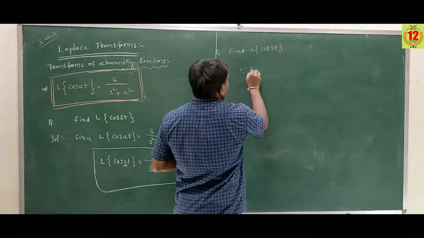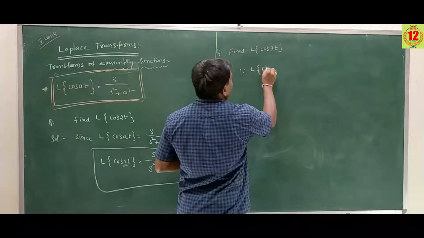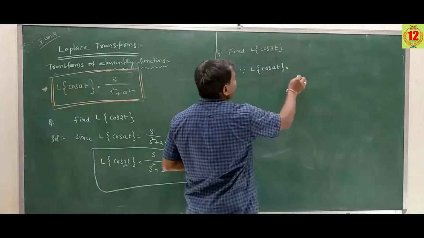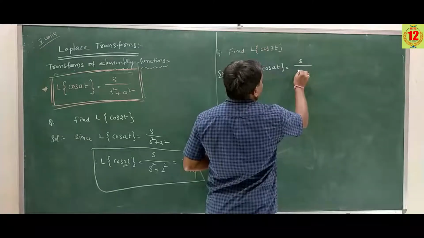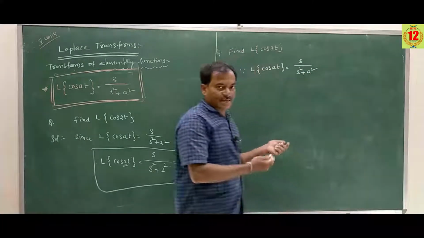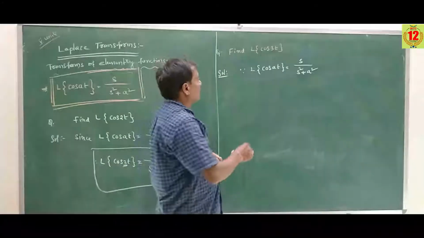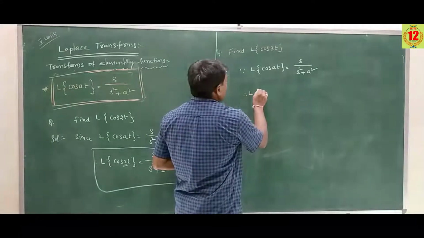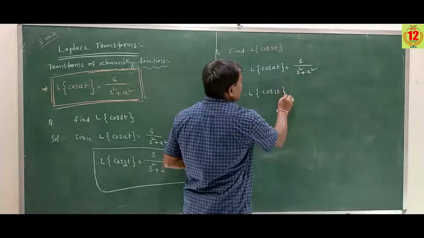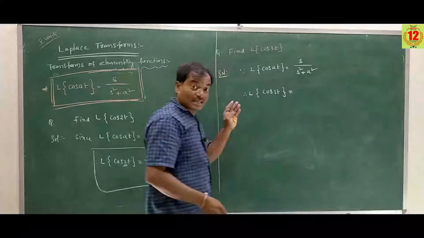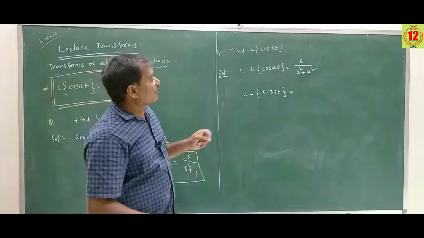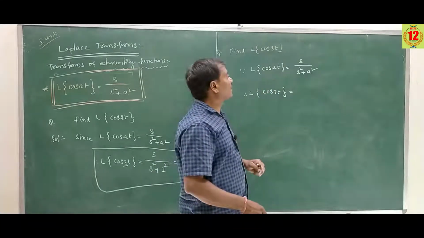Since Laplace transform of cos at equal to s by s square plus a square is the standard definition, therefore Laplace transform of cos 3t: again compare the left hand side cos at where a equal to 3.